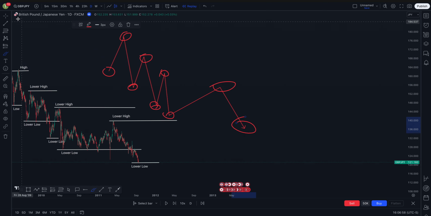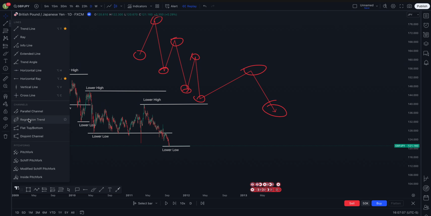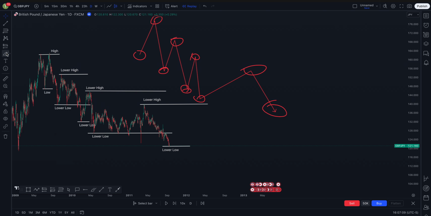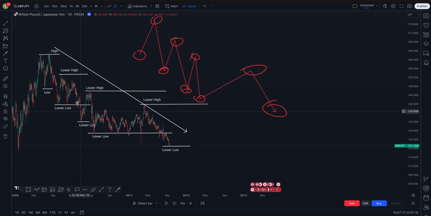So what we're seeing here, even though it might look all that confusing, is what we call a downtrend, because price, as you can see, if I use my arrow tool, you'll be able to see price is moving down. So this is a downtrend.